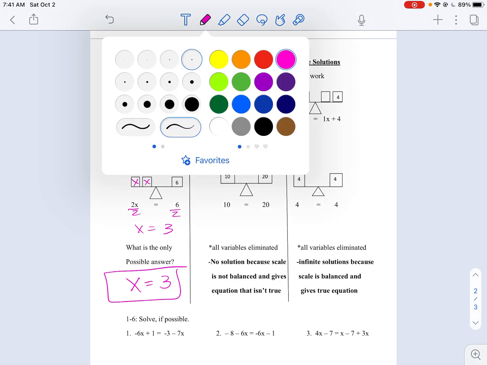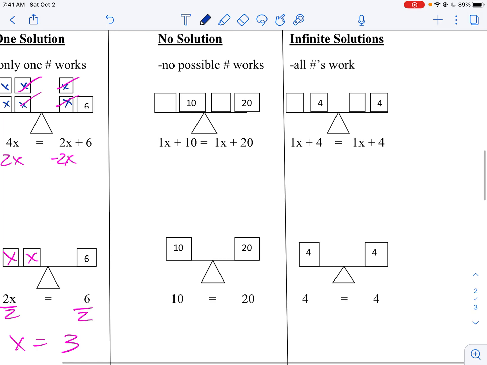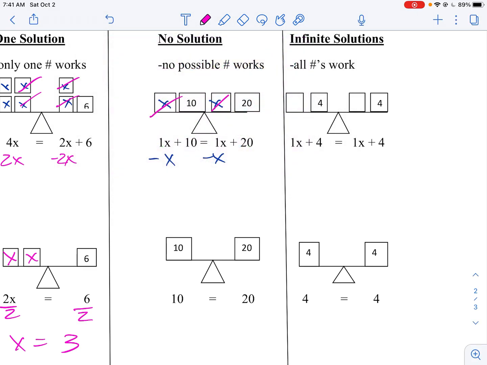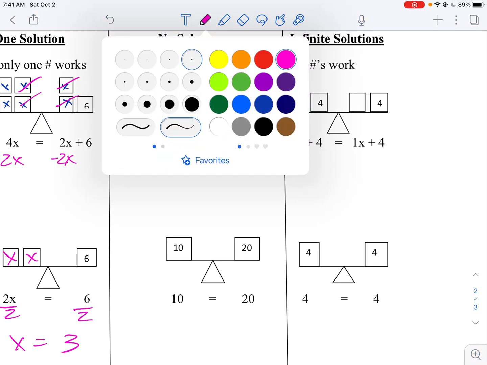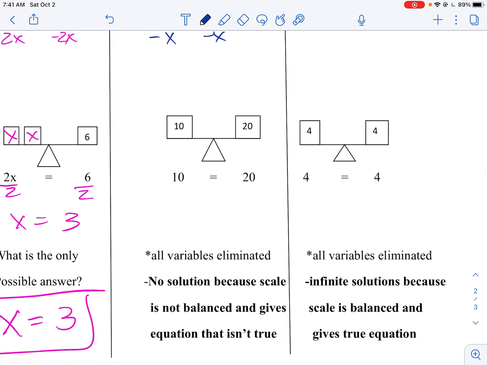Then no solution. Okay? So remember, these boxes are the X's. If I was to take away the X's on both sides, because they're canceling themselves out, I would be left with 10 equals 20.